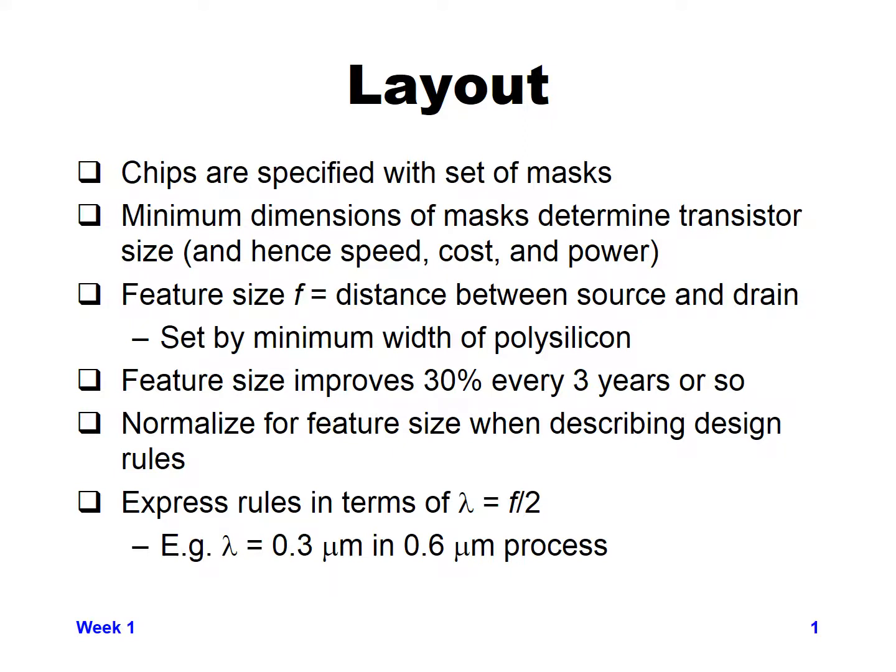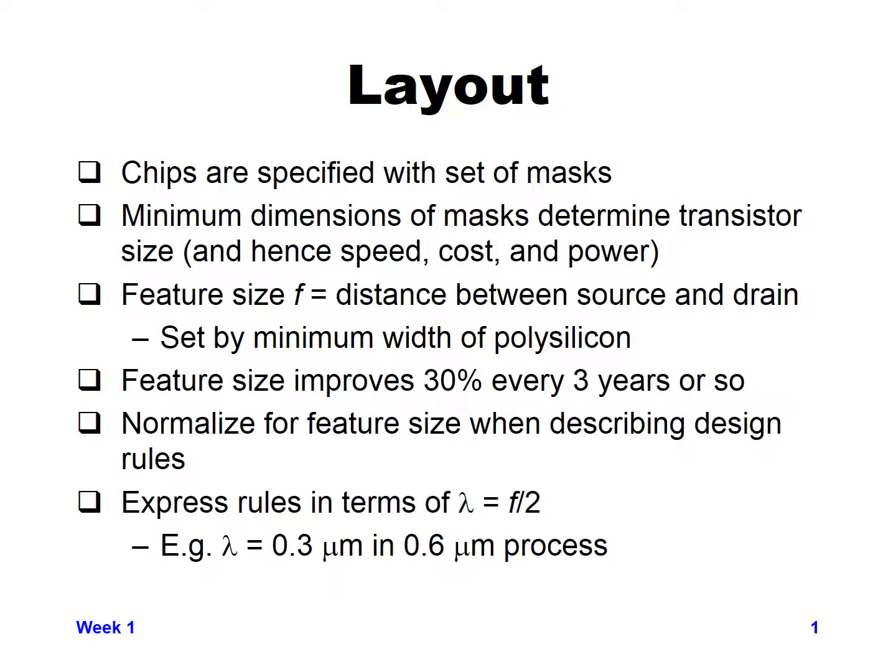And the other thing to keep in mind is once we have a minimum feature size, it kind of defines what the minimum distance between various different mask layers is allowed to be. So the gate might have a certain minimum design size, but the metal above that, the first layer of metal, might not necessarily have the same minimum size.